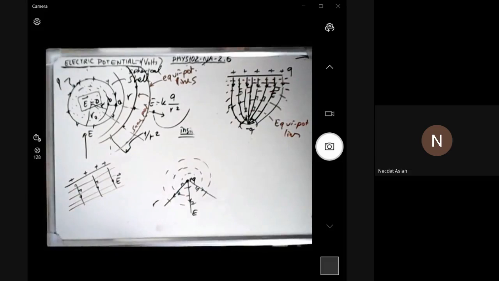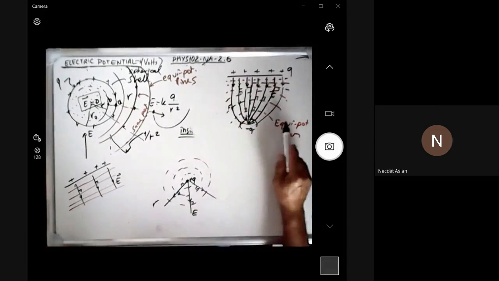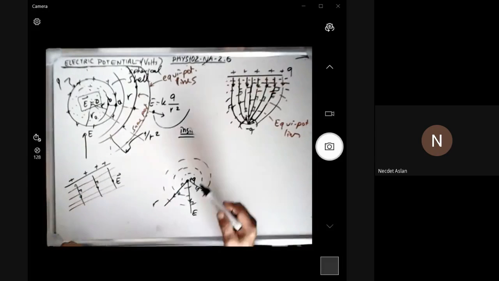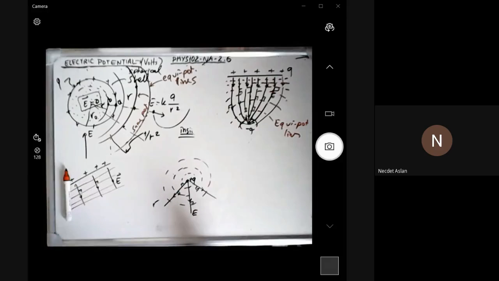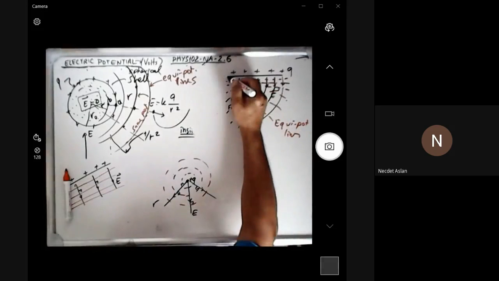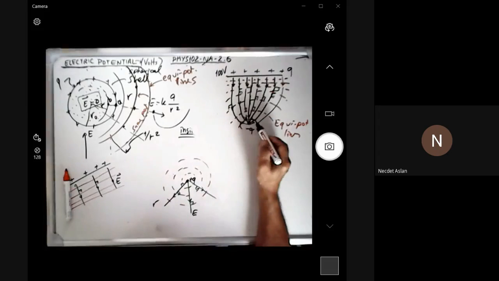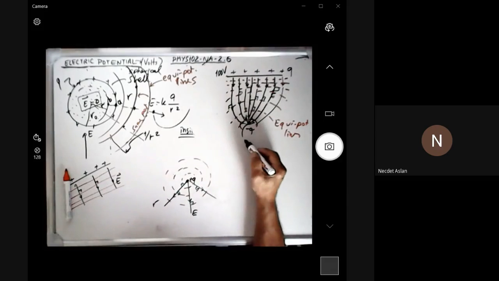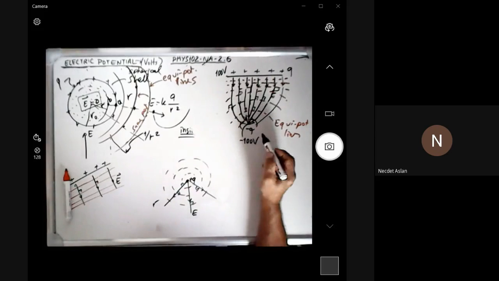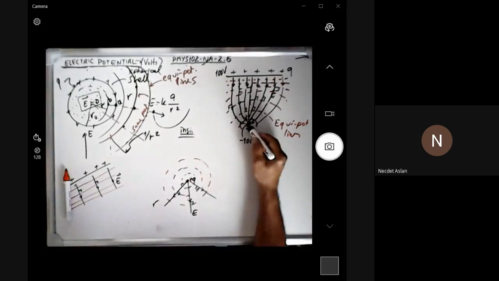So now the flat equipotential lines are changing to curved ones. Suppose that this is 100 volts, and this is minus 100 volts.